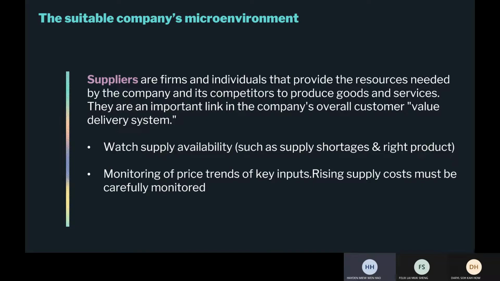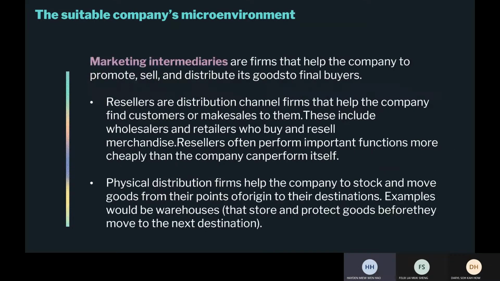The first one is supply availability, such as supply shortages and the right product. The second, monitoring of price trends of key inputs. Rising supplier costs must be carefully monitored. Okay, next.